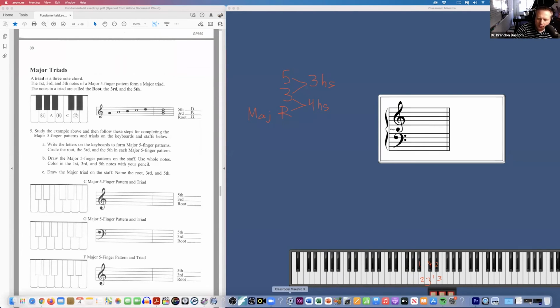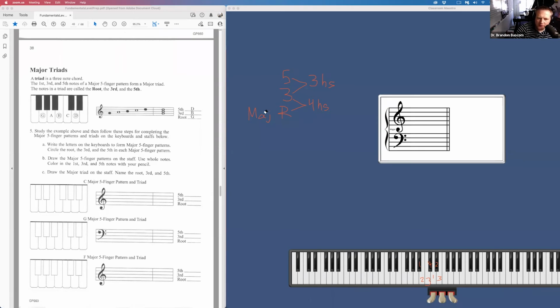Now, the formula for a minor triad is just a little bit different. A minor triad has a formula of 3 half steps on the bottom and 4 half steps on the top. 1, 2, 3. 1, 2, 3, 4.